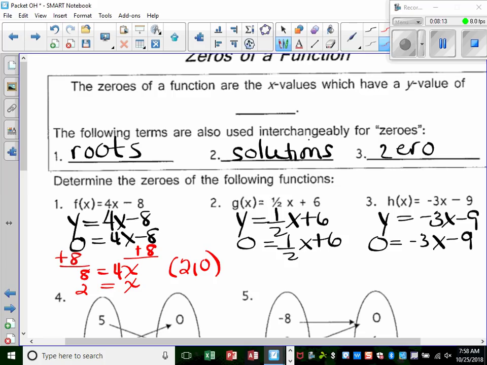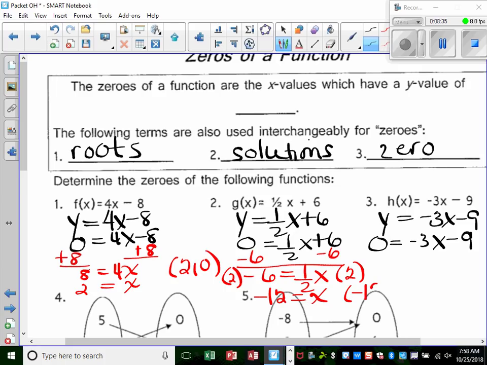So here we're going to subtract 6. So negative 6 equals 1/2 x, multiplied by the reciprocal of 1/2, which is 2. So negative 12 equals x. So my coordinate would be negative 12, 0.